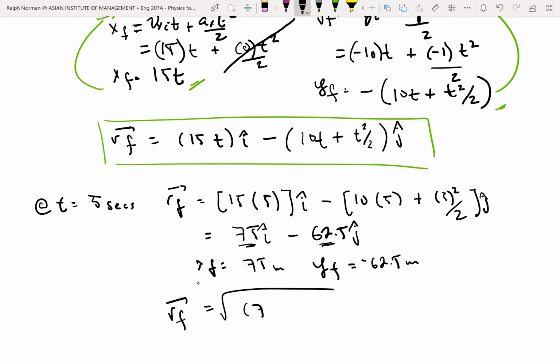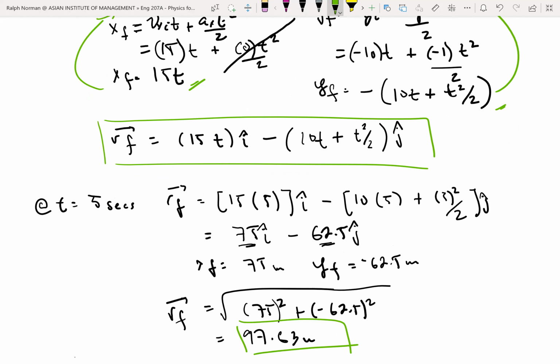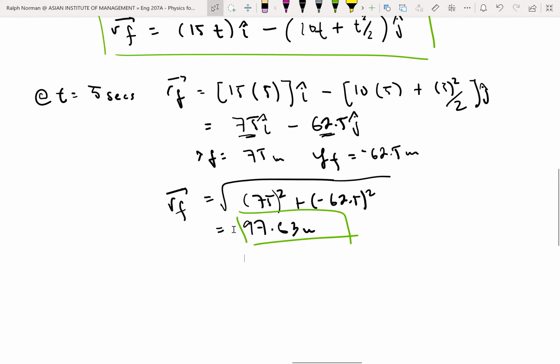So you get your 75 square dito plus negative 62.5 square. And I believe you would get the answer ng 97.63 meters. So that's your first answer. Ask dun kung magnitude niya. And at what particular direction, you simply just get the tangent inverse lang ng dalawa.